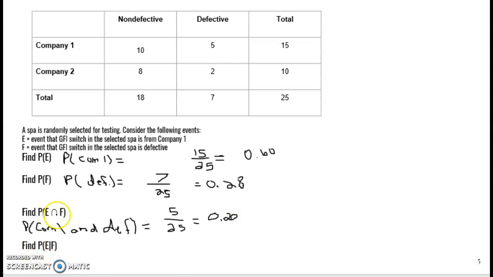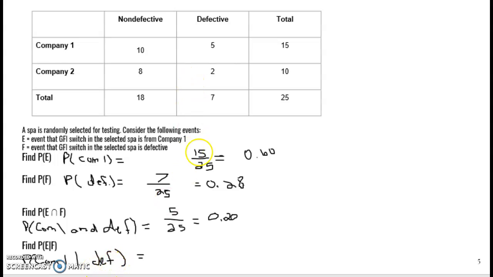And now I'm going to use this information to find the probability. So I'm going to write this out. Probability of E, was from company 1, given that it's defective. That was our event F. So we can look at the defective switches.